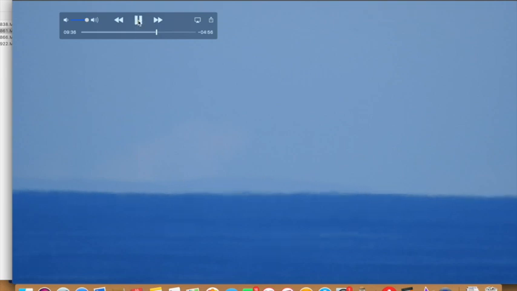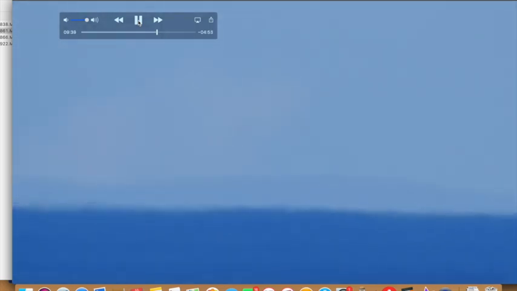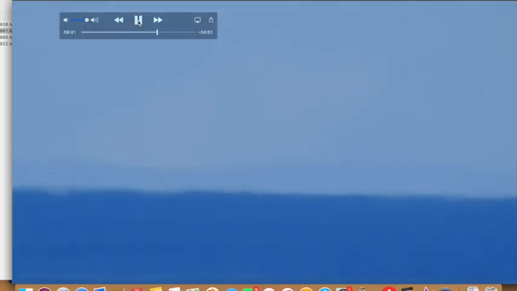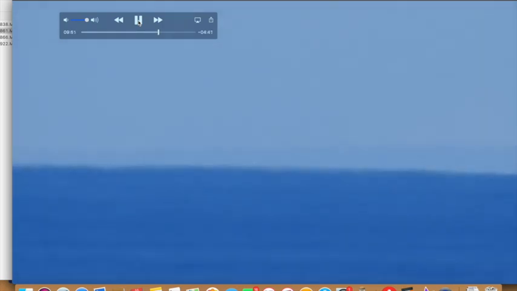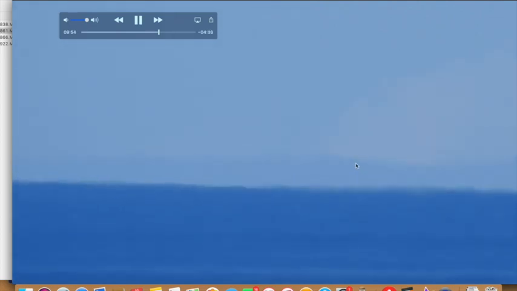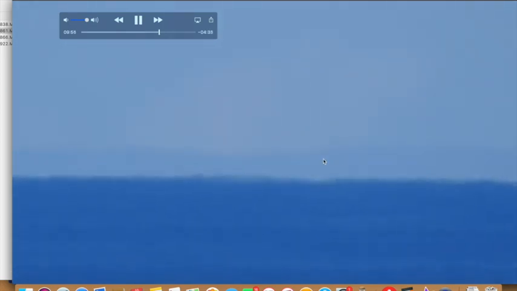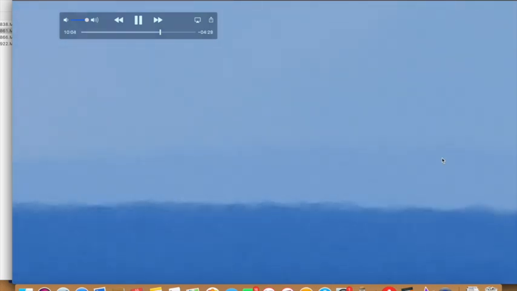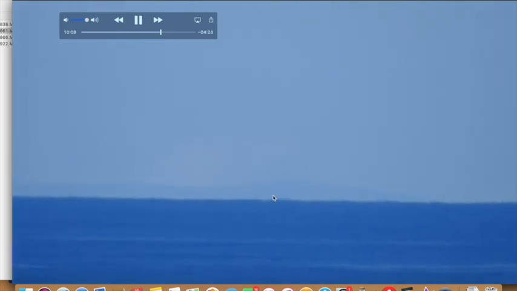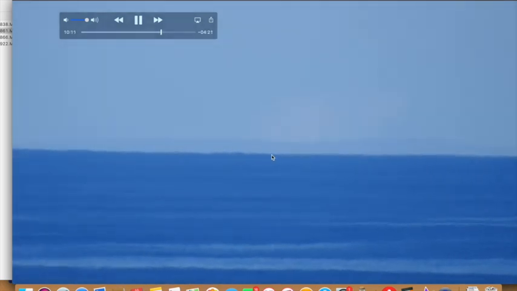Hard to say, but that's Lanai, and Kaho'olawe. You see that long, flattish island? Lanai is taller than Kaho'olawe, but since it's further away, they almost look the same height. Here's Lanai, backing out of the zoom. So it's both of them.